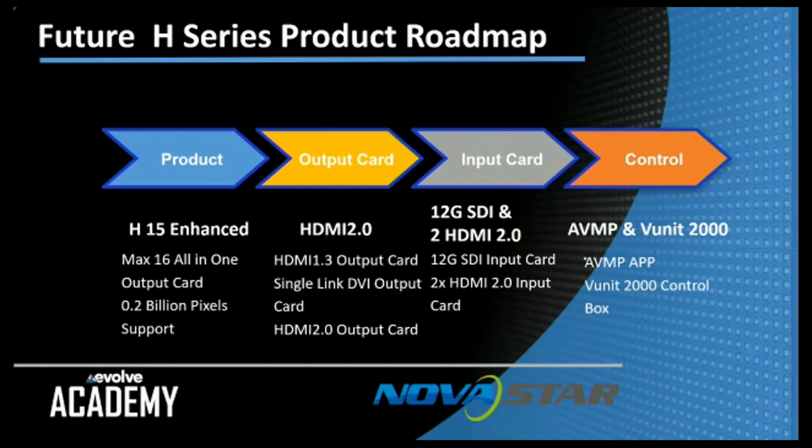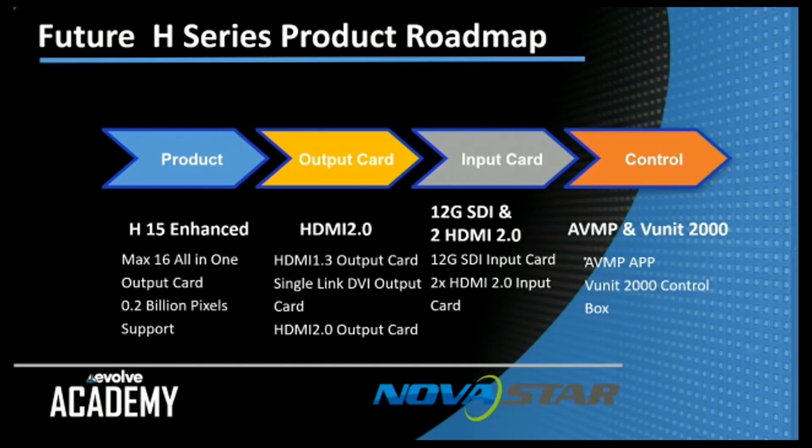You also have coming HDMI 2.0, HDMI 1.3, single link DVI. So it's a quad DVI, a quad HDMI, and an HDMI 2.0 output card, which would be treated as screens. On the input side, a 12G SDI input card, which will be fantastic for 12G operations locations, and a dual HDMI 2.0 input card where both HDMI 2.0s are available as sources.